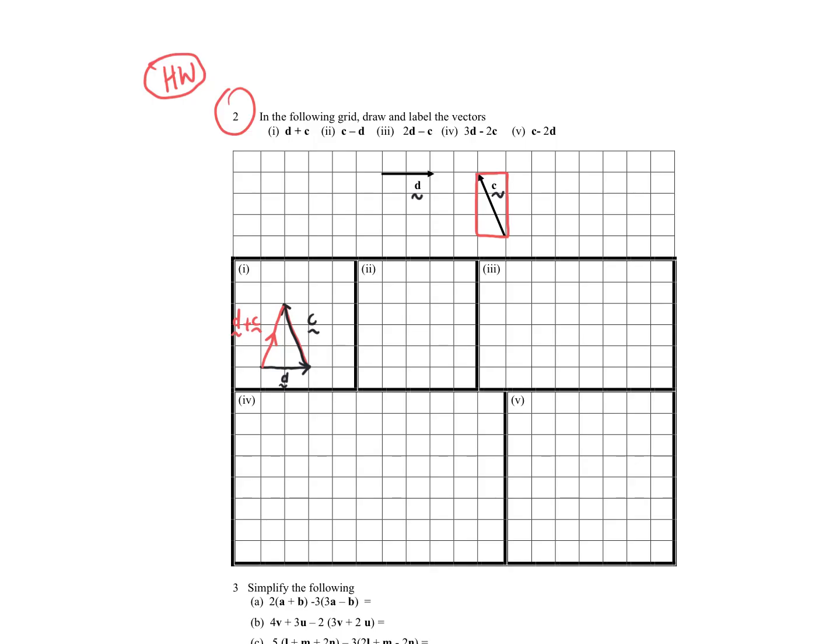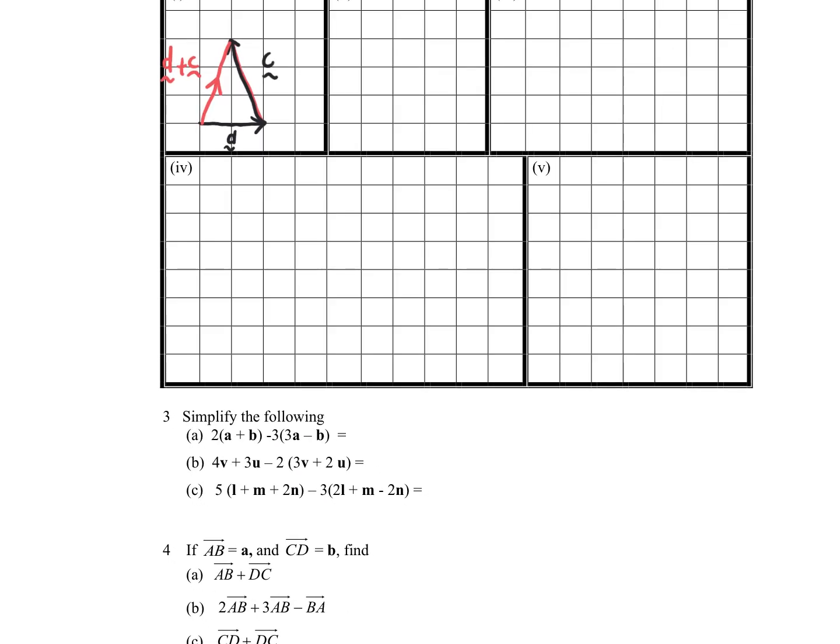Okay, I just want to highlight this one. Treat the vectors like algebra, but you need to draw the braces. So if you are asked to add vectors, you add them like algebra. So this is 2a plus 2b minus 9a plus 3b.